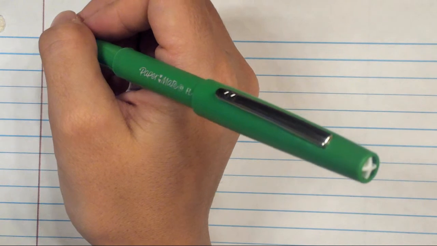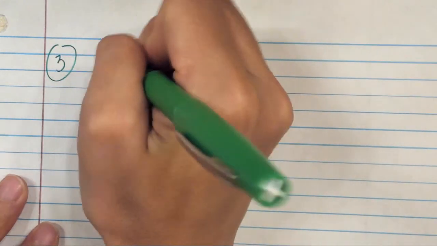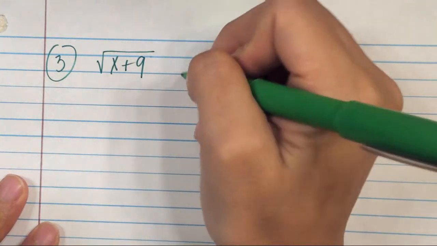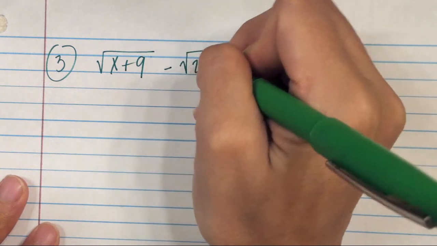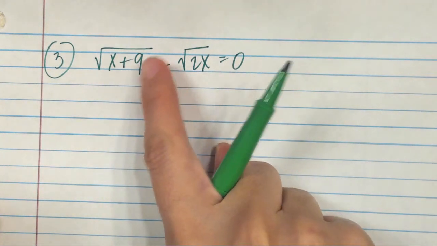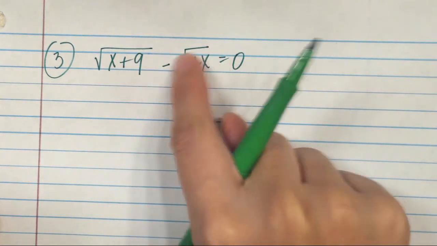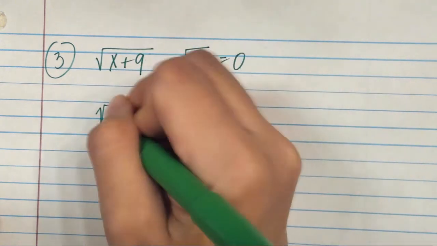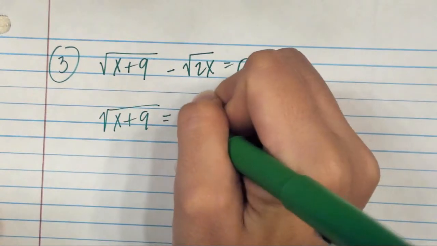Number 3 says I have the square root of x plus 9 minus the square root of 2x equals 0. So my first step is to get rid of this minus sign. I'm going to move this square root over. So I get x plus 9 equals the square root of 2x.